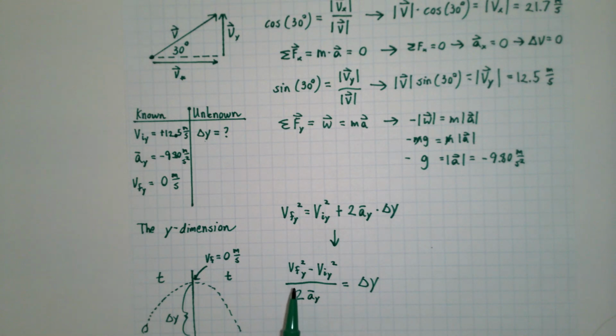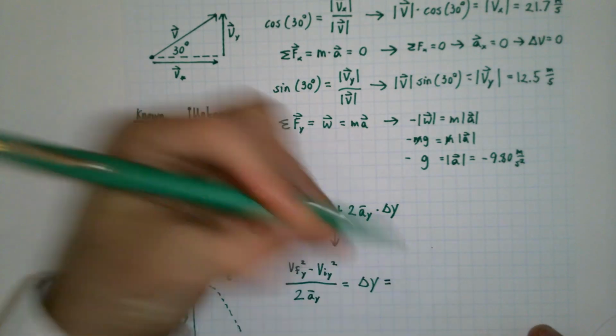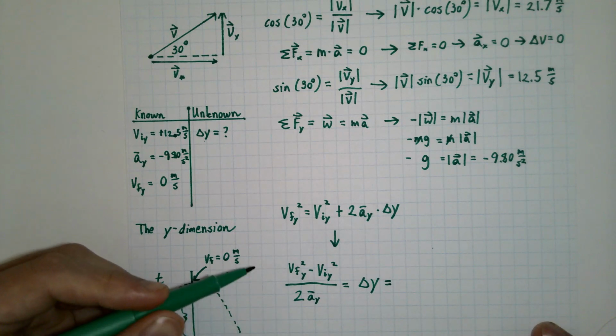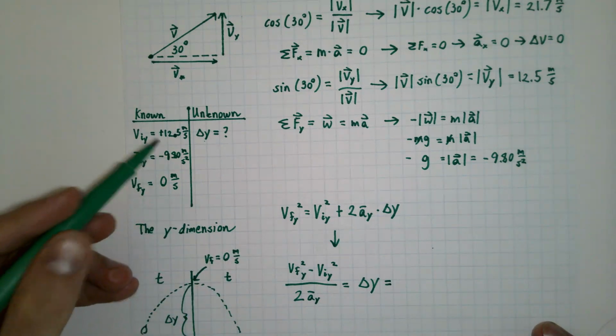Final velocity squared is 0 squared, so we have 0 minus the initial velocity squared. Our initial velocity is 12.5 meters per second. Square that value, and then divide that by 2 times our negative 9.80, our acceleration in the y dimension. And we find that the ball went 7.97 meters. Actually, we'll hold on to 3 significant figures, and that's why I held 3 up there.